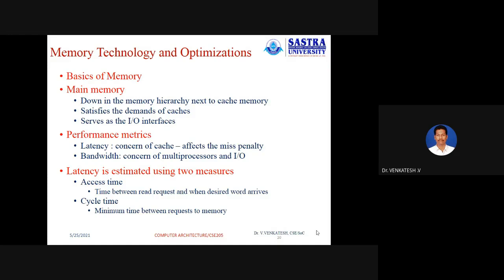Apart from that, the memory will provide services to the input-output devices also. Whenever I get the input, I store it in the memory. We use several input devices, similarly output devices, so to and fro. We get the data, immediately it is stored, and after it is processed, I send the data to the output device from the memory.